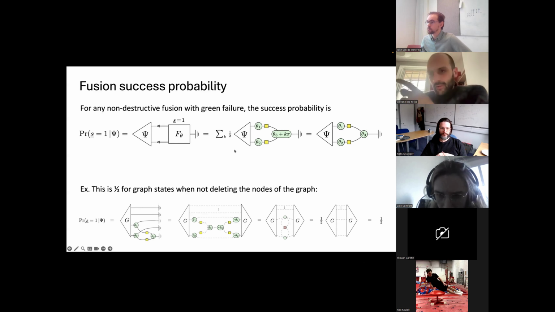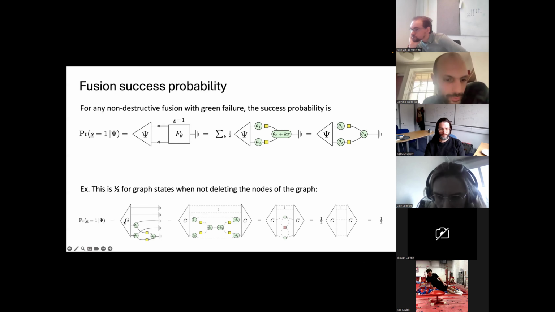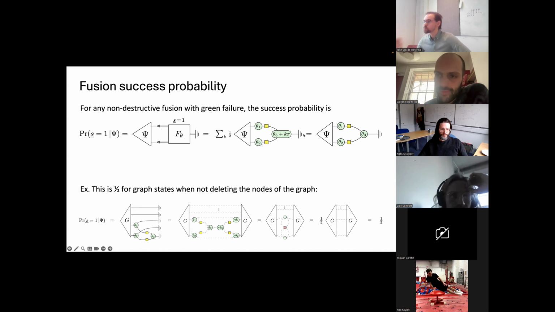Okay. So in certain cases, we can actually compute the probability of success, in particular when we assume that the input state psi is some kind of graph state where we haven't discarded the qubits attached, the qubits that are being fused. So imagine here we don't have any way of seeing the state of the photon before it gets fused.